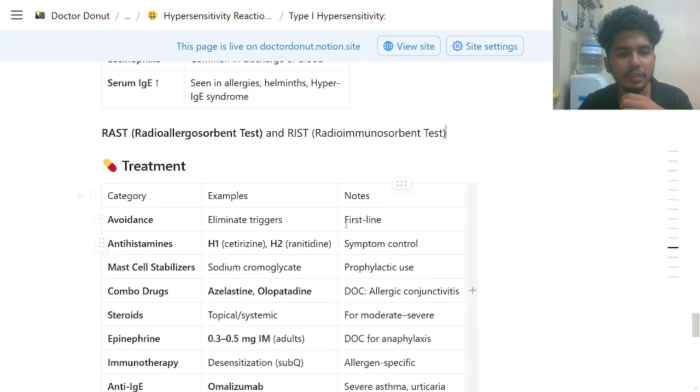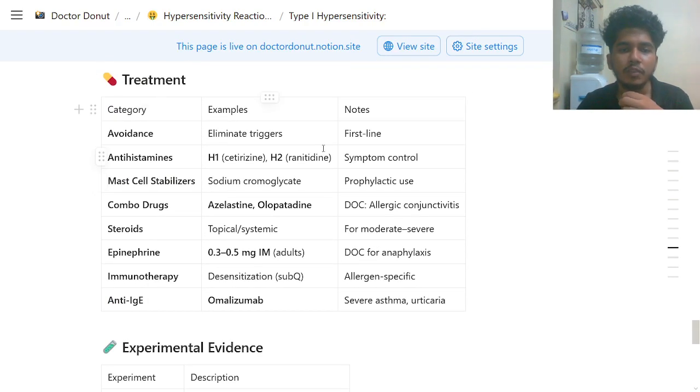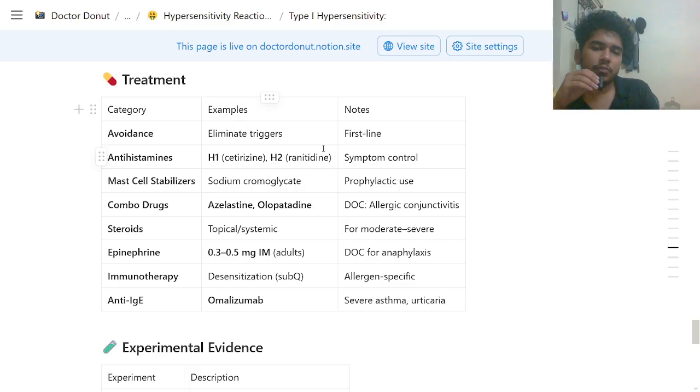So we'll talk about the treatment. Firstly, eliminate the triggers. Try not to be there. If you get the triggers, start with pharmacological therapy. You can give antihistamines. Cetirizine is H1, ranitidine is H2. I hate when people use ranitidine as a means of acid control when we have pantoprazole, the PPIs.